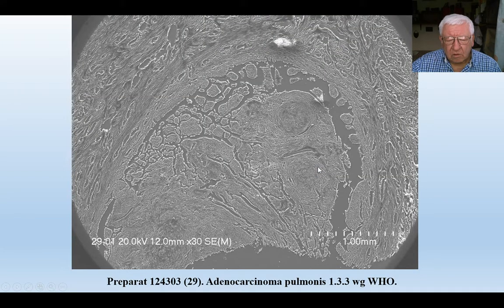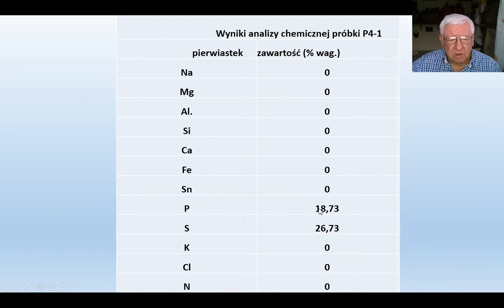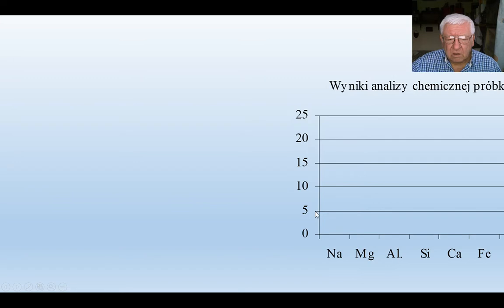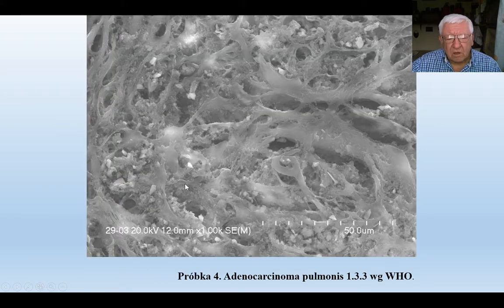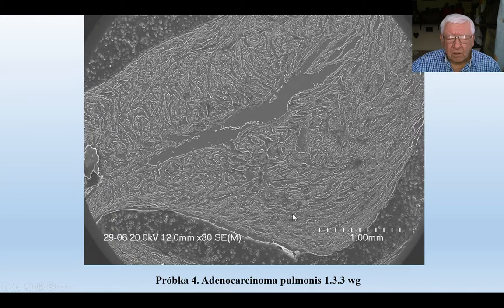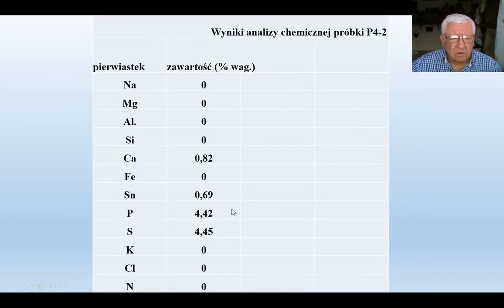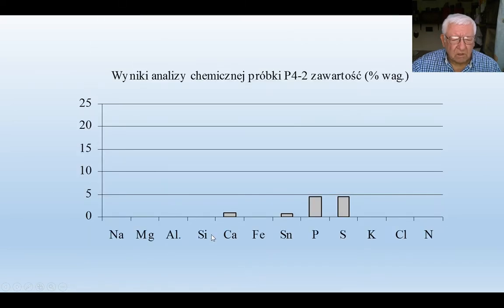And the scanning microscopy picture, and again phosphorus and sulfur is repeated, sorry. And various structures of cancer, and magnification is slightly bigger, it's 550 micrometers, and analyses at various points: calcium, zinc, and phosphorus and sulfur.